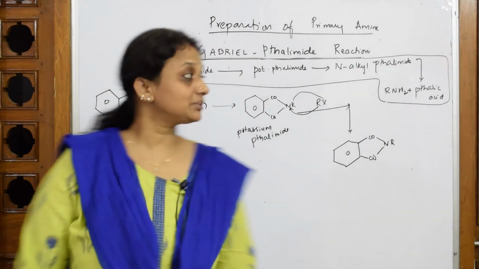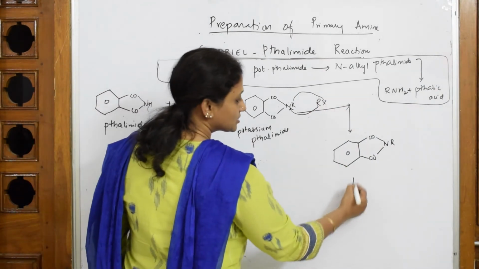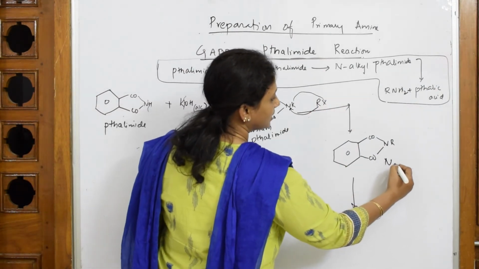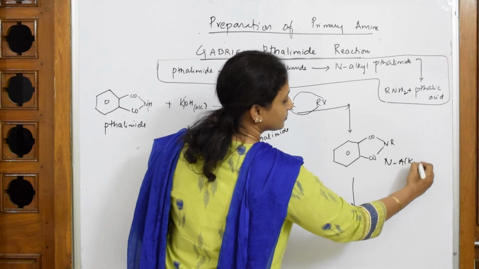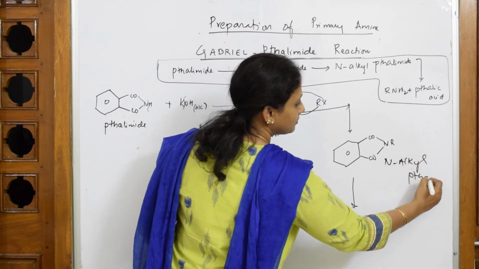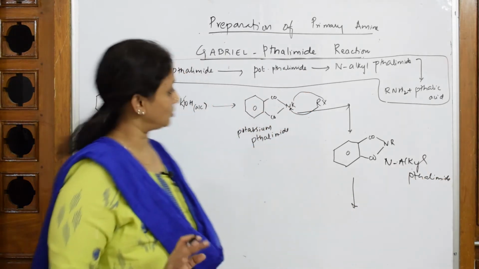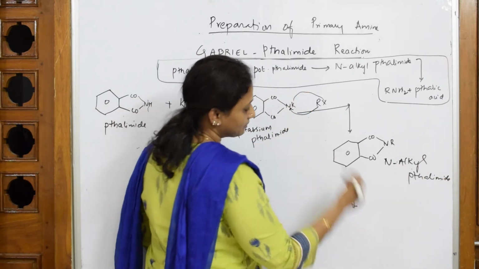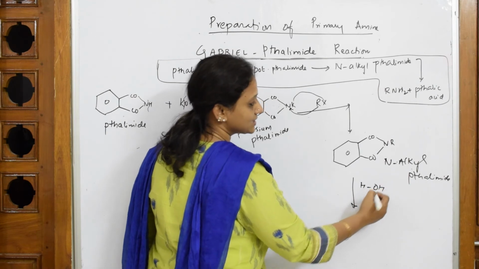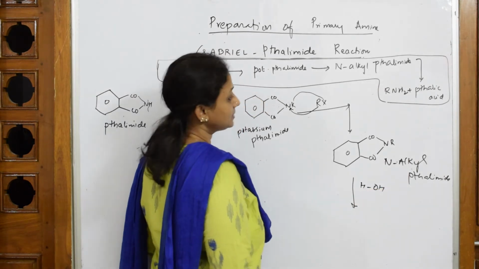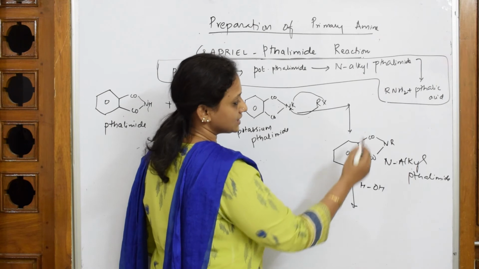Now still we have not completed. From phthalimide, let us write N-alkyl phthalimide. Don't write A by mistake, it will go wrong. Now this N-alkyl phthalimide, further if you hydrolyze this, done. When you hydrolyze this reaction, what do you get?